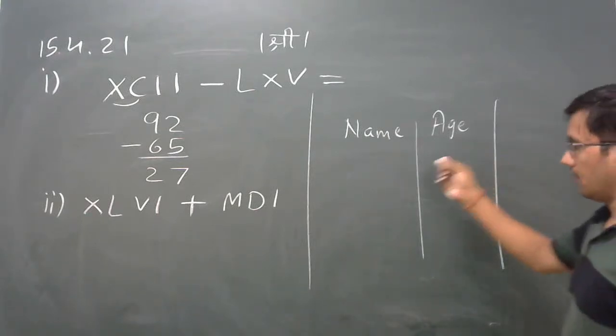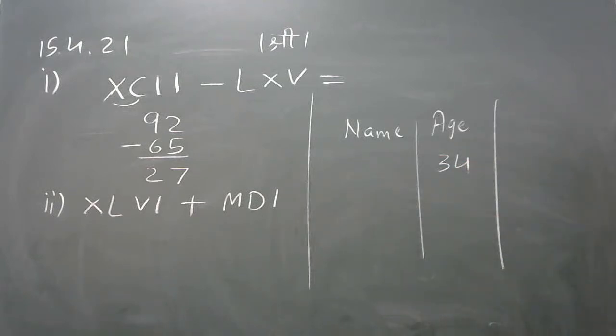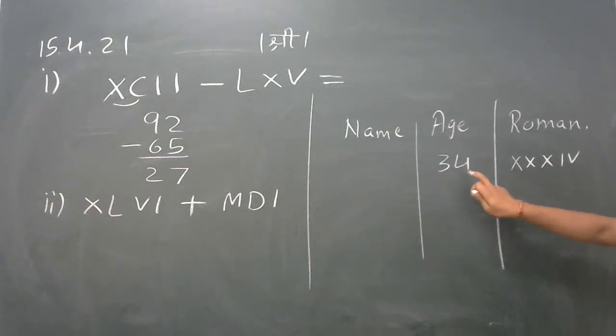Suppose a member of your family's age is 34. Now here you may write it in Roman numeral. After that you know all. So name, age and in Roman numeral.